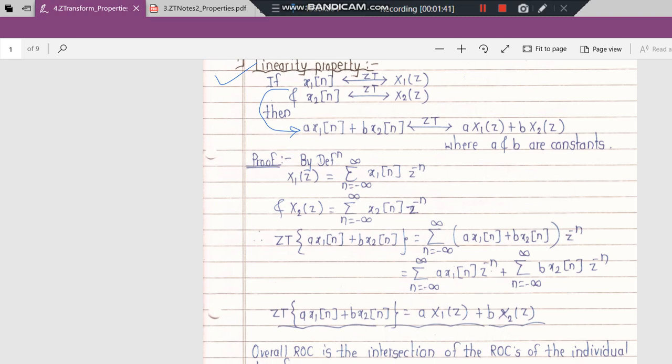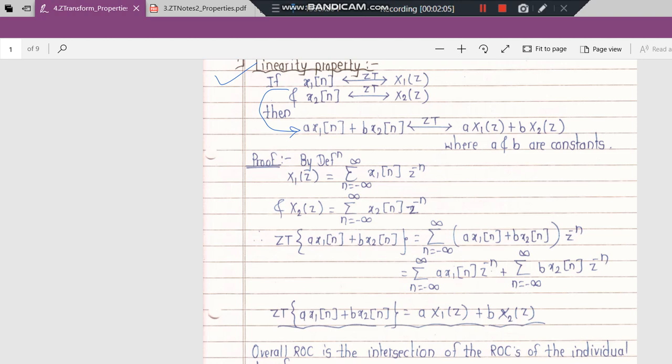We can prove this property by simple expressions like this. We can write the expression for x1 of z, which is the Z transform of x1 of n, and x2 of z, which is the Z transform of x2 of n. Now let us try to find out the Z transform of a into x1 of n plus b into x2 of n. So we substitute this into this equation.